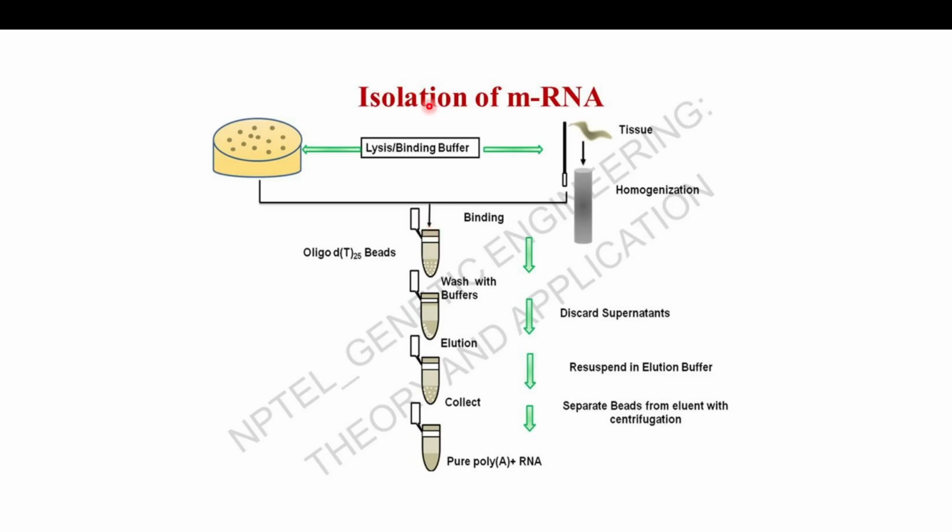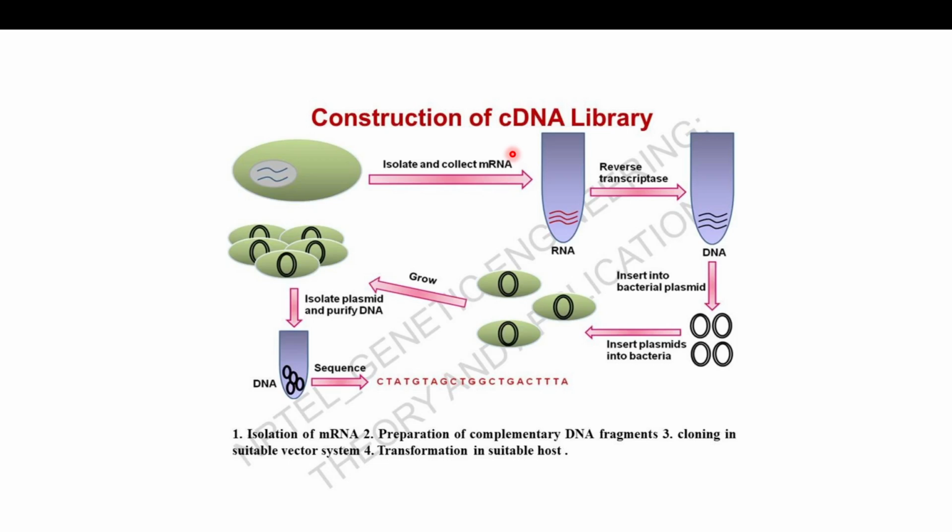So what happens here is, again, you have the tissue, you homogenize it, and then you isolate the mRNA from there. After isolating the mRNA, you have to construct the cDNA. So you have the mRNA, you collect it, and now you use reverse transcriptase to form the DNA, which is complementary DNA.